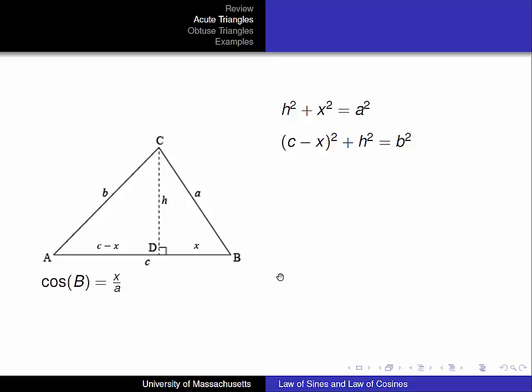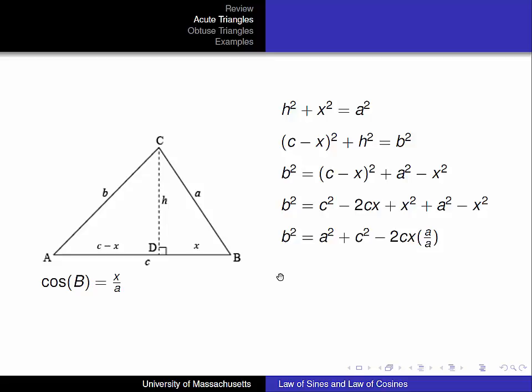Plugging that into the second equation gives b squared equals c minus x quantity squared plus a squared minus x squared. Multiplying out c minus x quantity squared, we get c squared minus 2cx plus x squared. The two x squareds cancel, because we had a plus x squared and a minus x squared, and we're left with b squared equals a squared plus c squared minus 2cx.